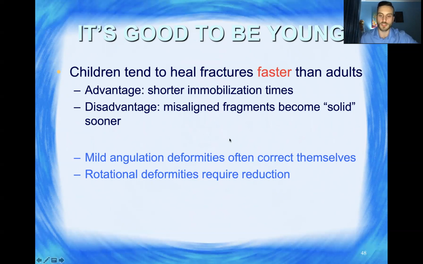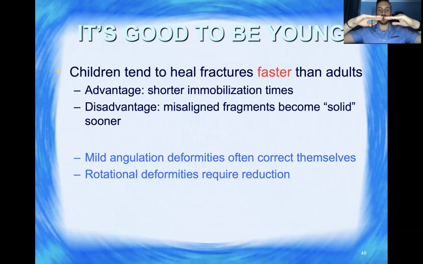Mild angulation deformities often correct themselves, as I already told you. The problem is rotational deformities. Length, alignment, rotation. Length: sometimes the limb can accommodate. The child will grow, that's okay. Alignment: if you have some angulation, if you have some translation, sometimes the bone can remodel.